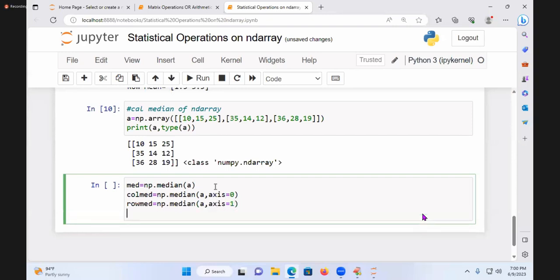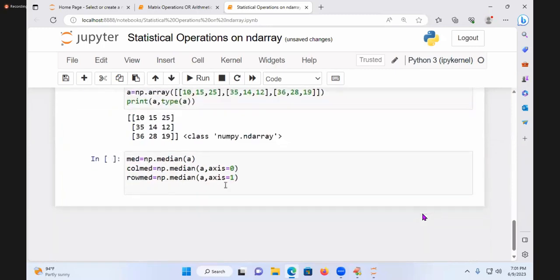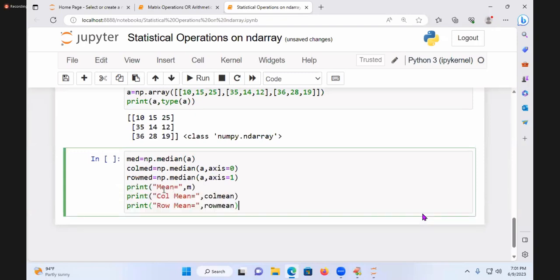I will print it, and I will explain once again. Median, MED. Next, column median, COLMED. Next is row median, ROWMED. Now see, students, carefully.